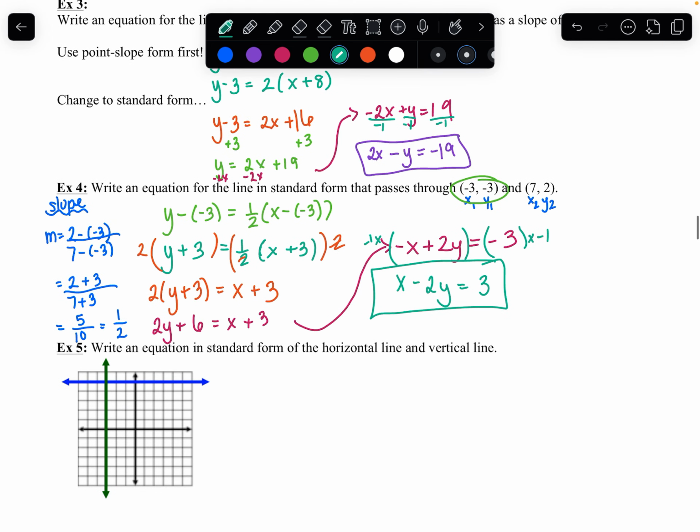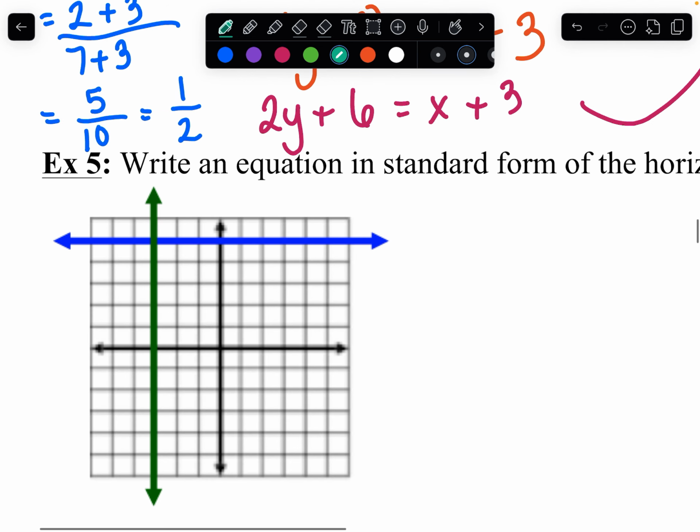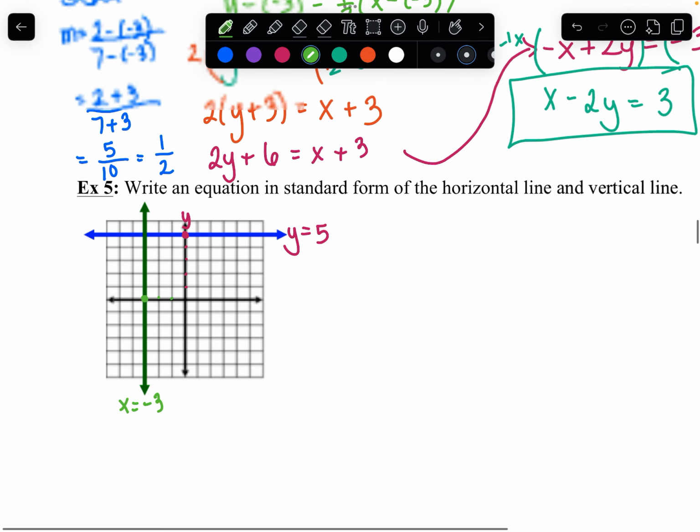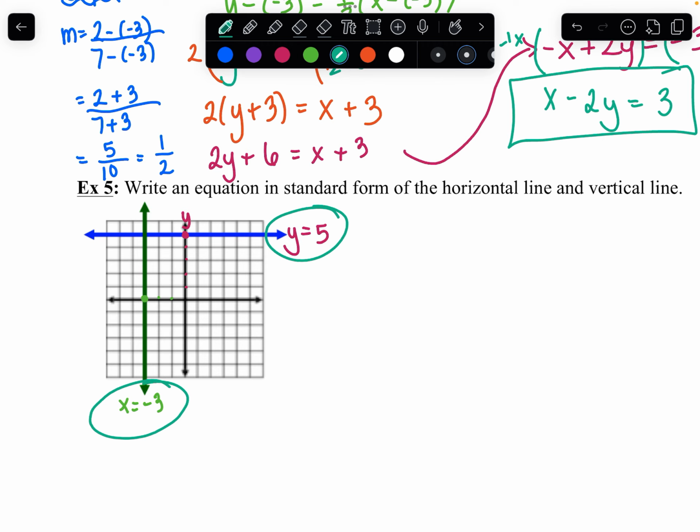Okay, so now we're going to write an equation in standard form of horizontal and vertical lines. So this point right here, think about it: it's 1, 2, 3, 4, 5. It goes through y equals 5. It goes through the y value at 5. And this is 1, 2, -3. It goes through the x value at -3. So these are actually in standard form.